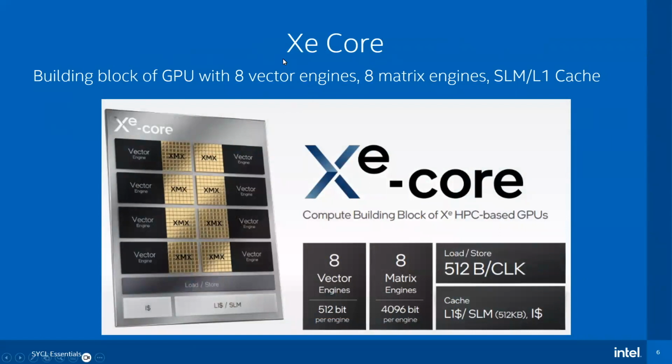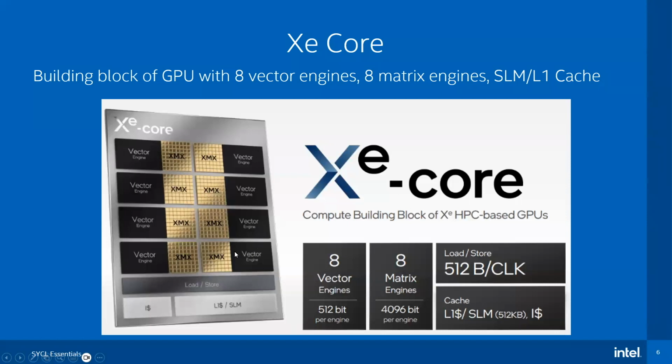In the previous generation of Intel GPUs or Intel graphics, we used to refer to this as subslice, as you might remember. So now it has a new name. We call it the Xe core. Each Xe core will have 8 vector engines, or what we used to call execution units. This is where all your math operations actually work.